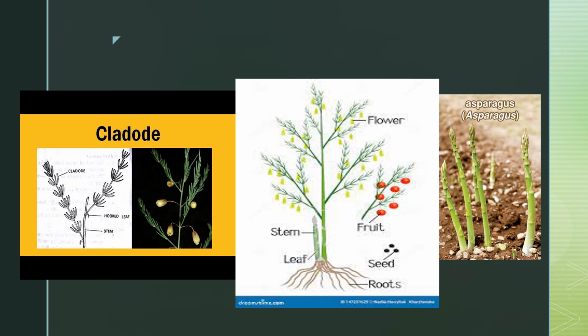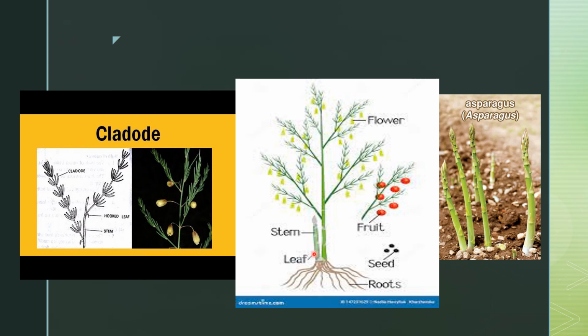Another cladode like asparagus. This is asparagus. This is the stem, and I think you know this from before. This is an example of scale leaves I gave you before, as an example of a stem that has scale leaves.